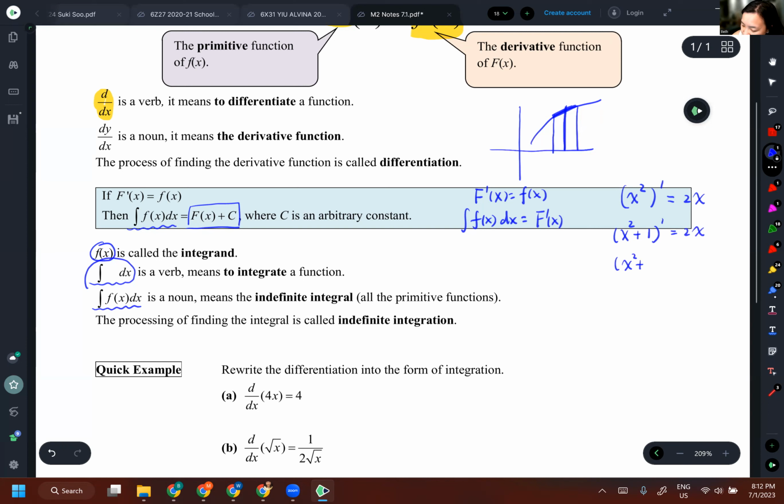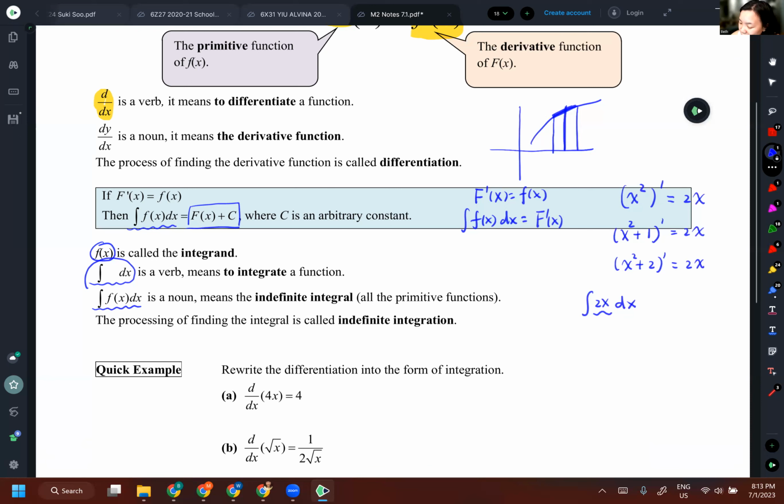X squared plus 2 derivative also equal to 2x. So if you integrate 2x, you put 2x inside. Now, which primitive function are you going to get? It's unfair to get this one. It's unfair. You're supposed to get all of them.